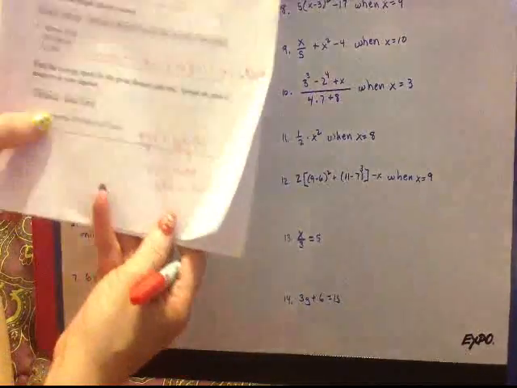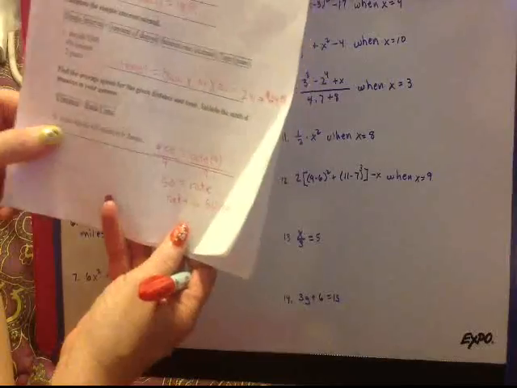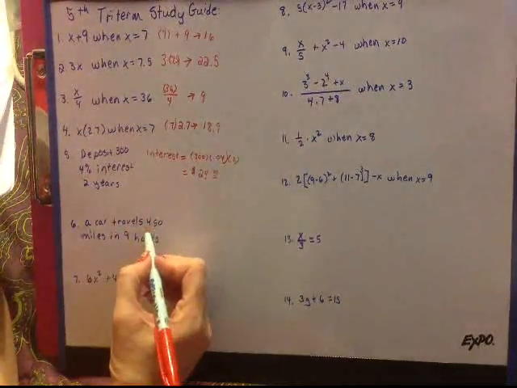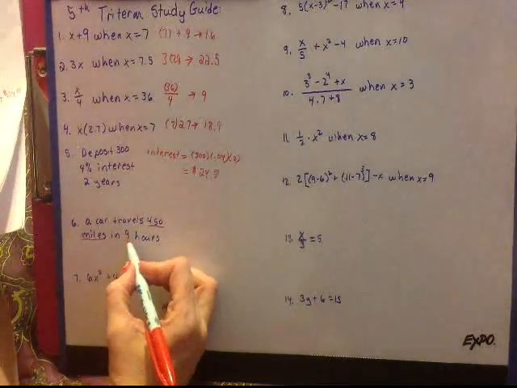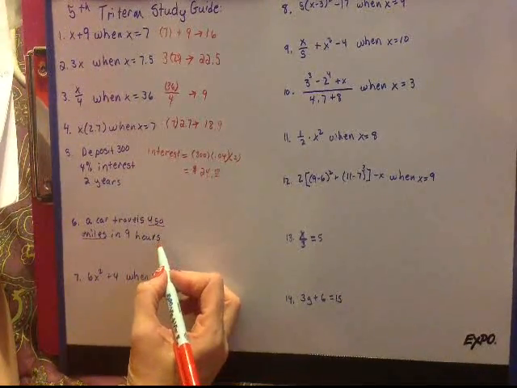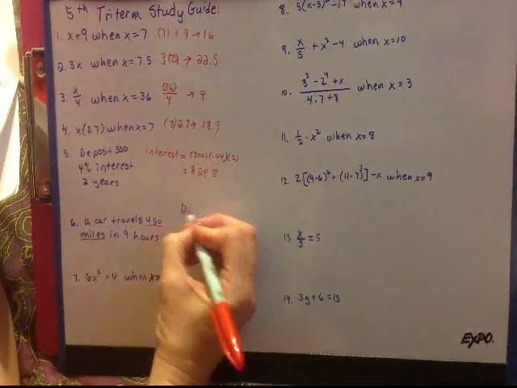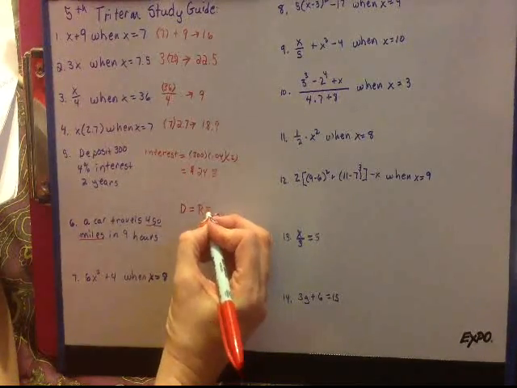Number 6, we have a distance equals rate times time problem. Our problem says a car travels 450 miles. There's our distance. In 9 hours, that's our time, so we need to know our rate. Again, distance equals rate times time.